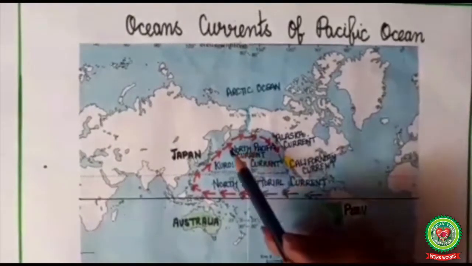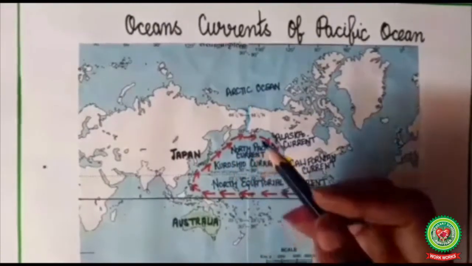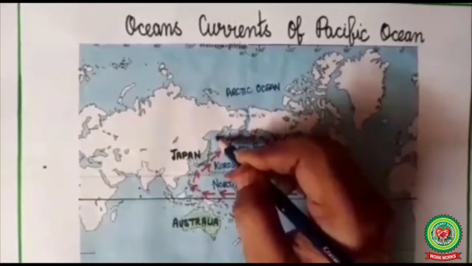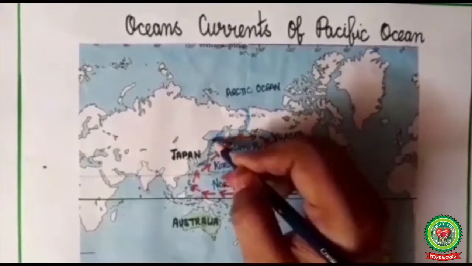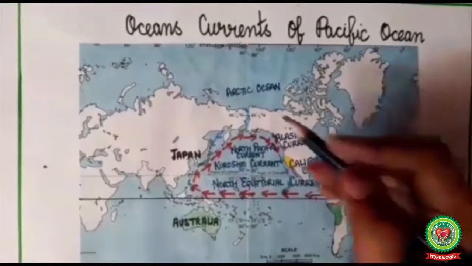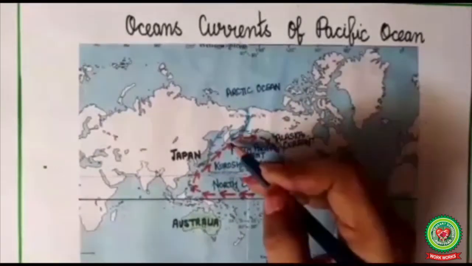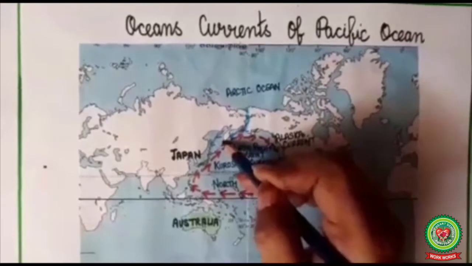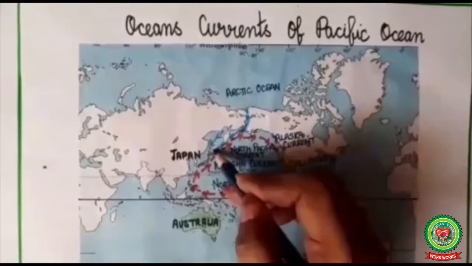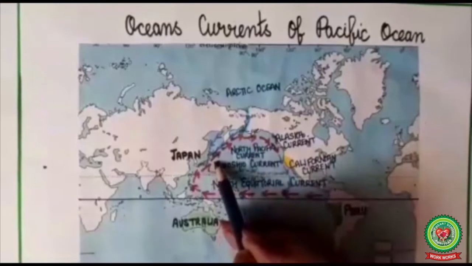In the North Pacific Ocean, we have two more cold currents. One is the Okhotsk current, which blows along the eastern coast of Russia, and the other one is the Oyashio current, which crosses the Bering Strait and flows along the eastern coast of Russia, and finally it merges with the warm Kuroshio current in the eastern coast of Japan.